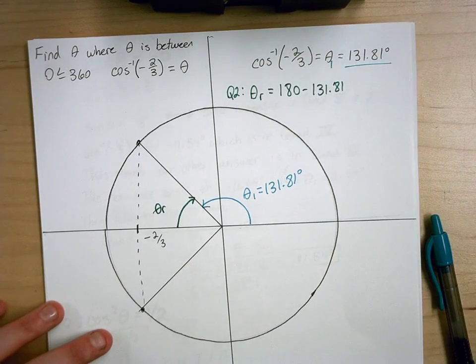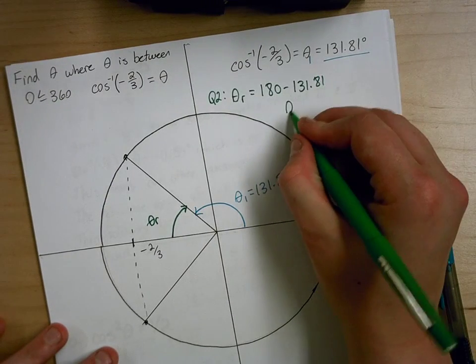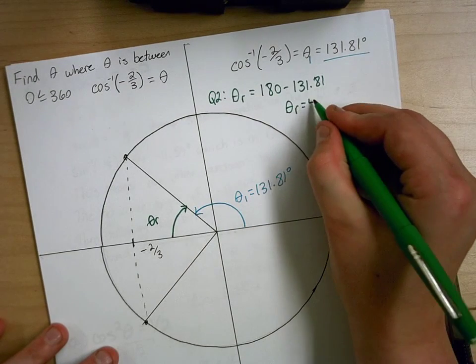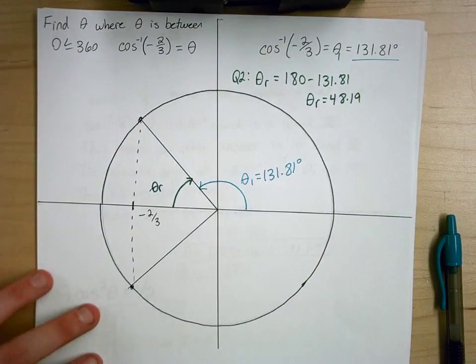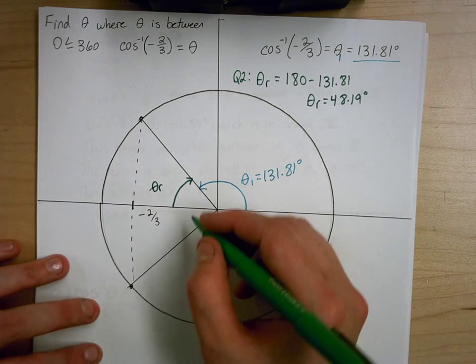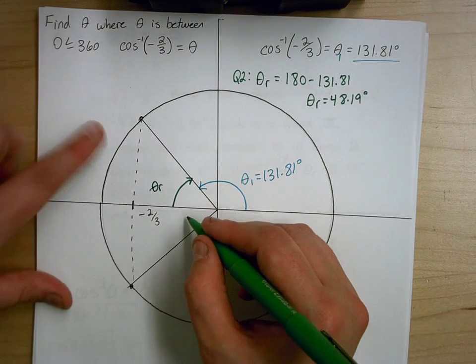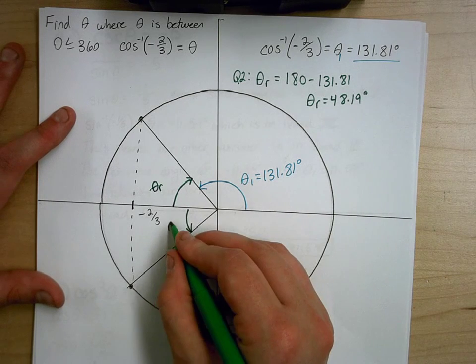Right, so if I do that, 180 minus 131.81, then I'm going to get that theta r equals 48.19 degrees. Right, and since theta r is going to be the same for both of these, because of that nifty rule that we had, theta r.